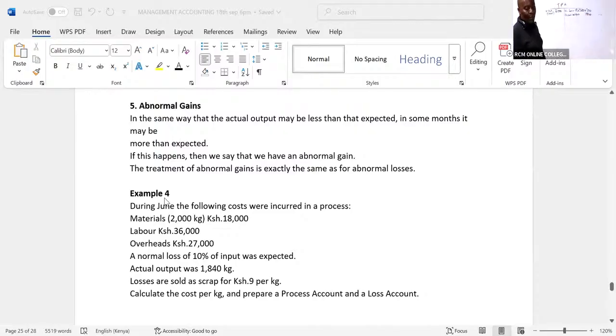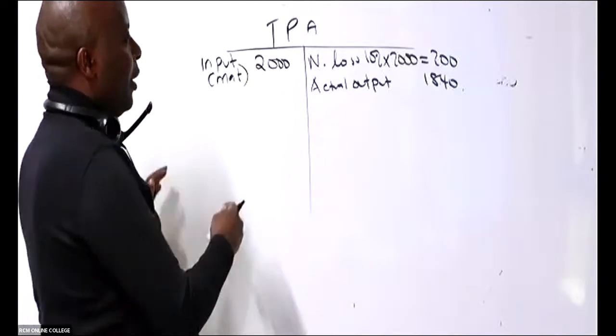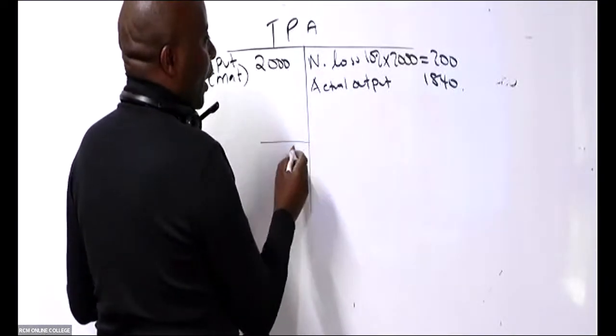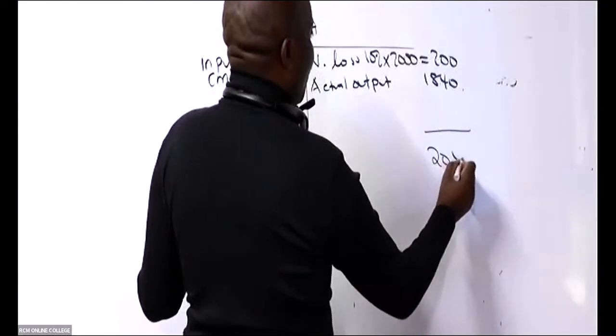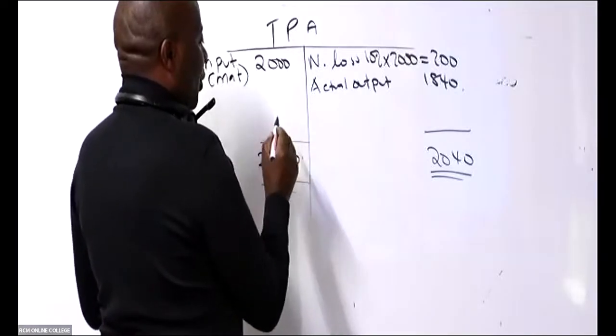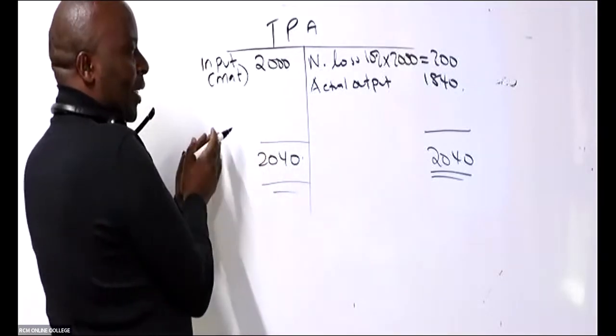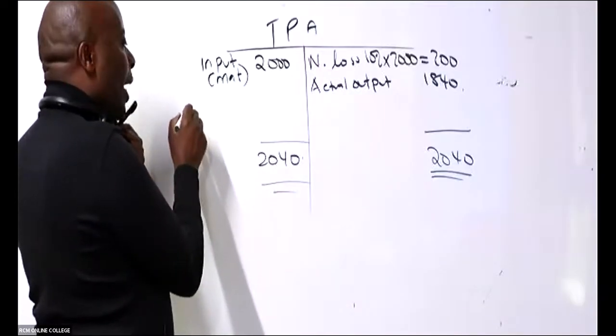So go ahead and do your balancing figure. In this case, if you're keen enough, you must have realized that this side is heavier. This side is 2040. So the balancing figure is coming here. If the balancing figure is coming here, then I will have what we call an abnormal gain.